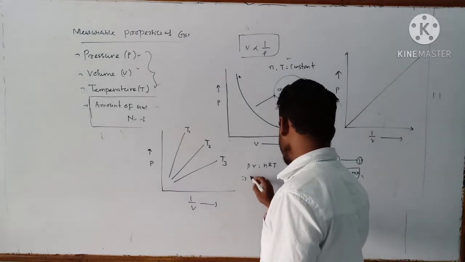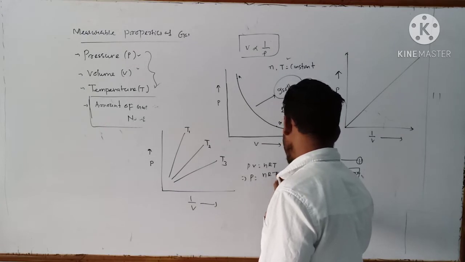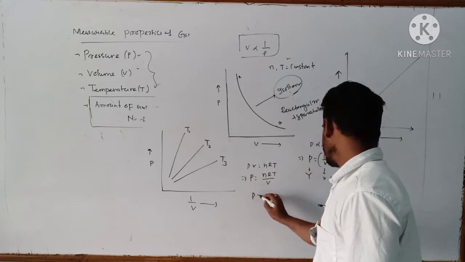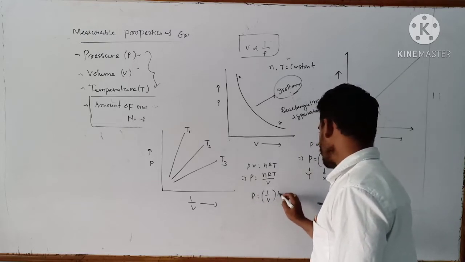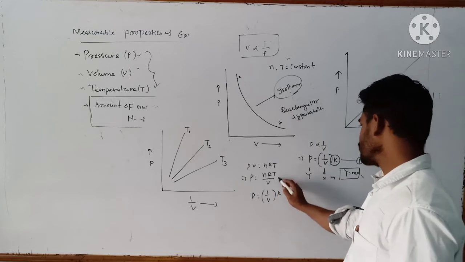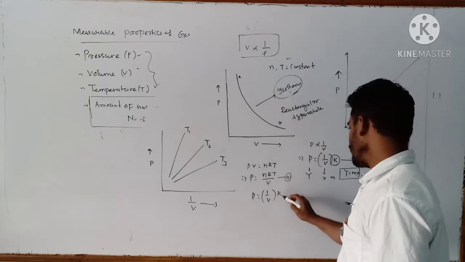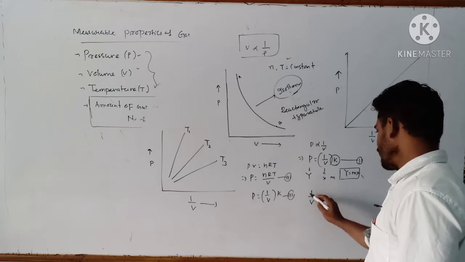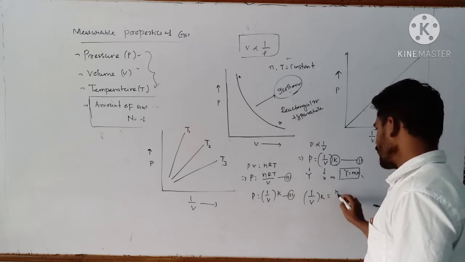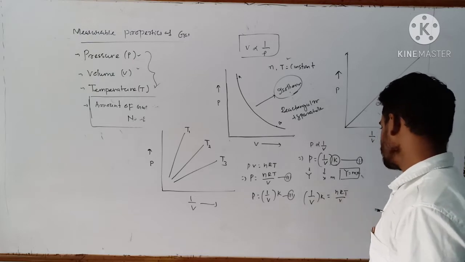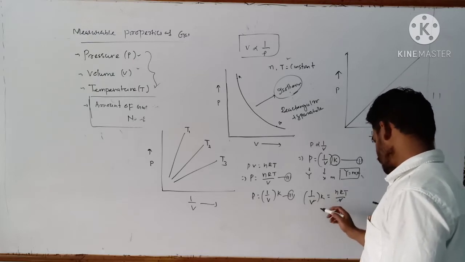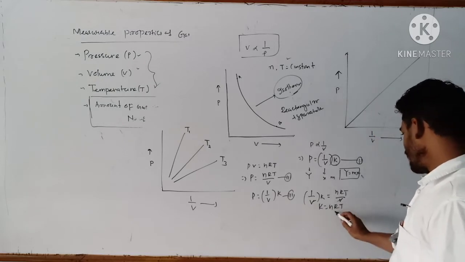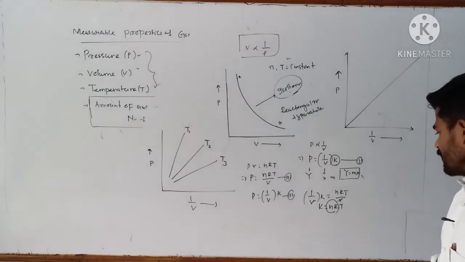So I can write over here P equal to nRT upon V, and here P is equal to 1 by V into K. If I compare these two equations, say equation 2 and equation 3, then 1 by V into K is equal to nRT by V. So V gets cancelled, K is equal to nRT, and nR is constant: the number of moles of gas and the universal gas constant.